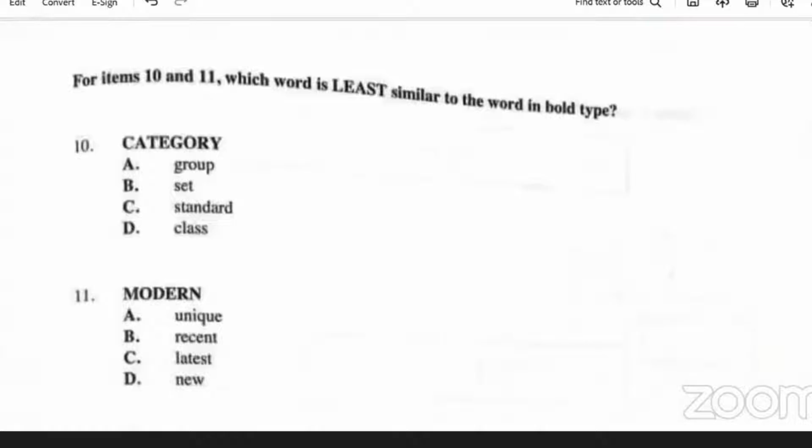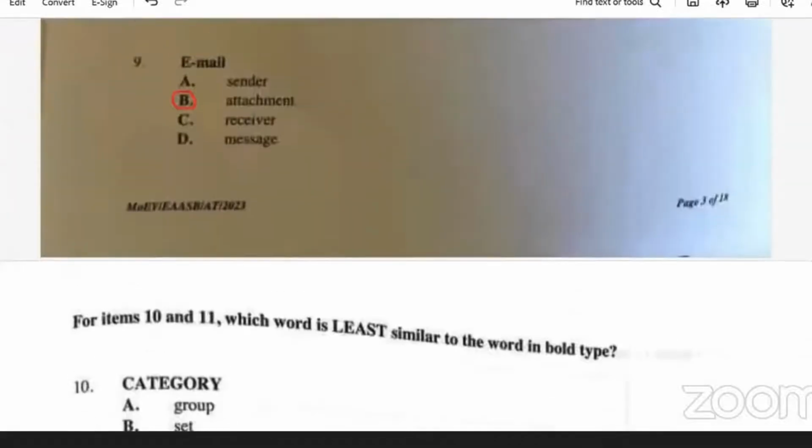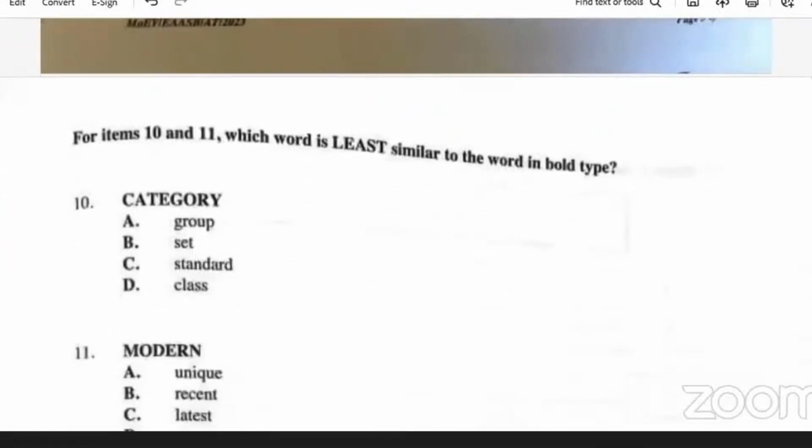All right, questions 10 and 11. It says, for these items, which word is least similar to the words in bold type? All right, question 10.